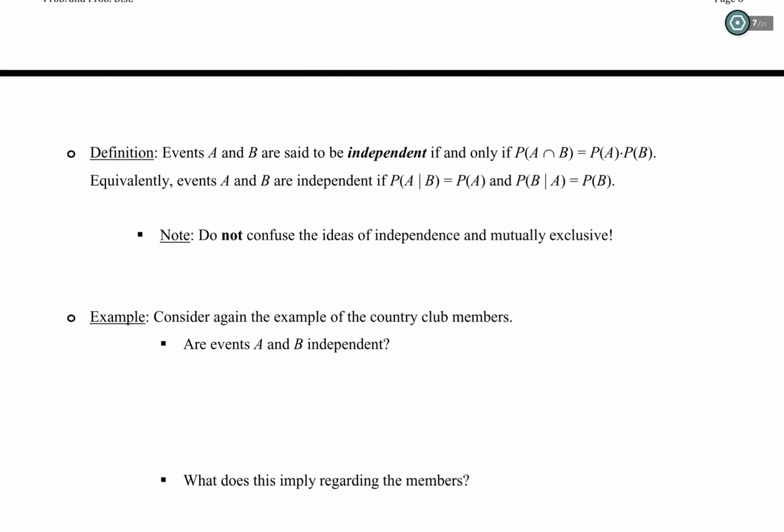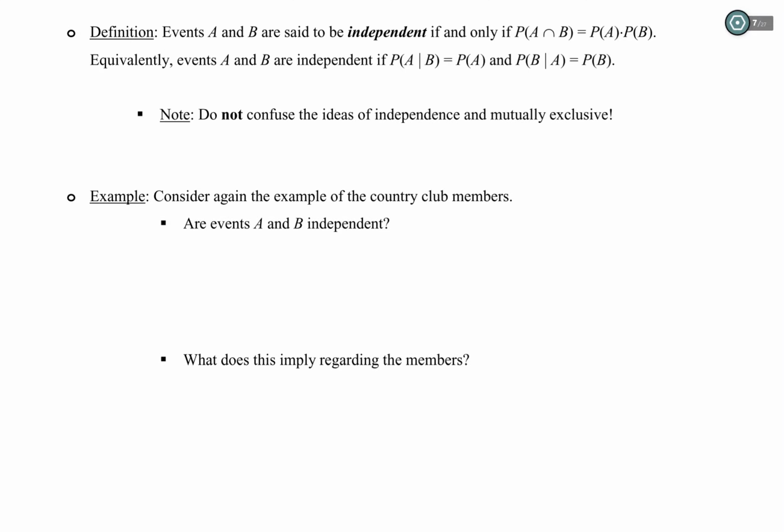All right. More about probability rules. This idea of independent events. We say events A and B are independent if and only if the intersection probability is P of A times P of B. Now, if that's the case, then let's just kind of follow our noses a little bit.